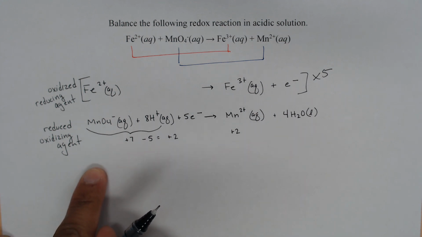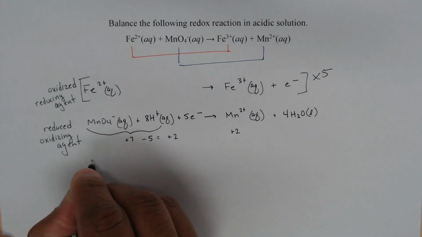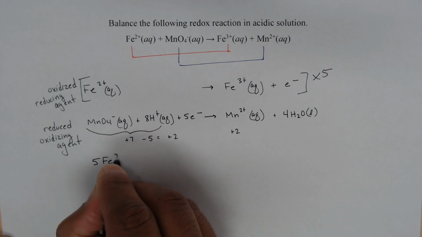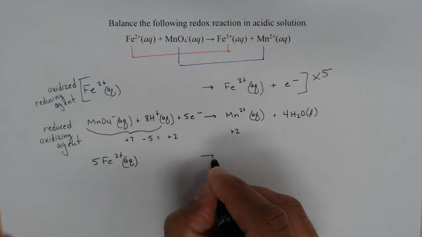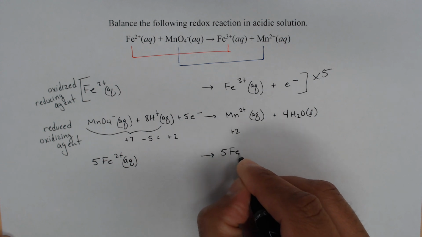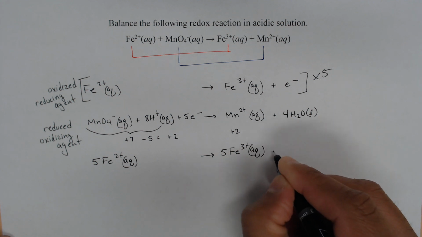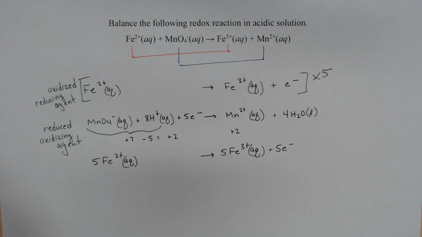And below the half reactions, I'll go ahead and rewrite this equation. 5 moles of Fe2 plus aqueous, 5 moles of Fe3 plus aqueous, and 5 moles of electrons.